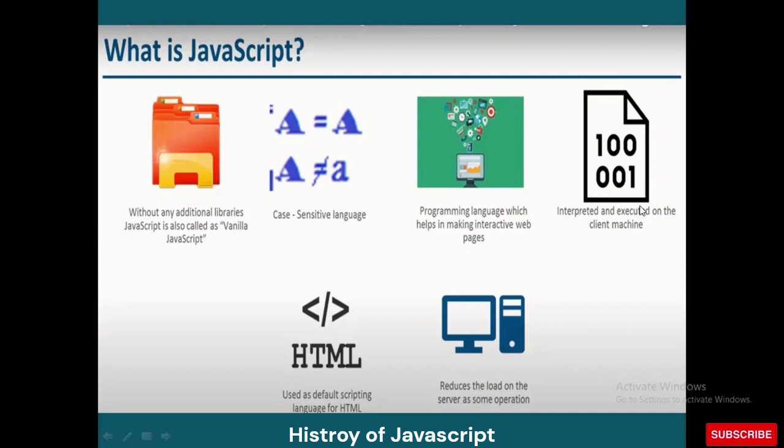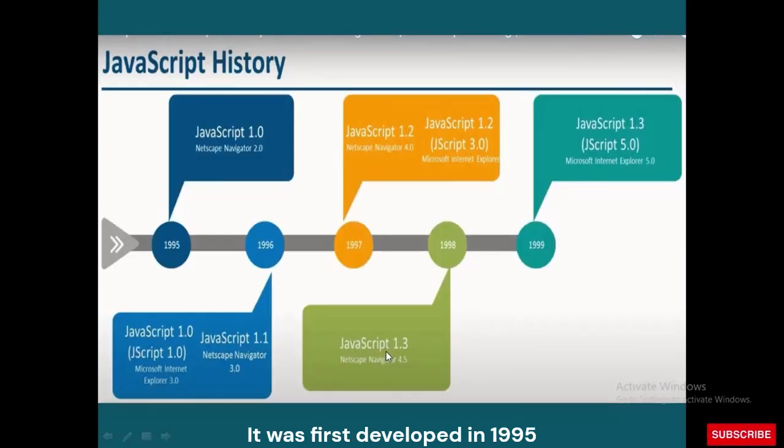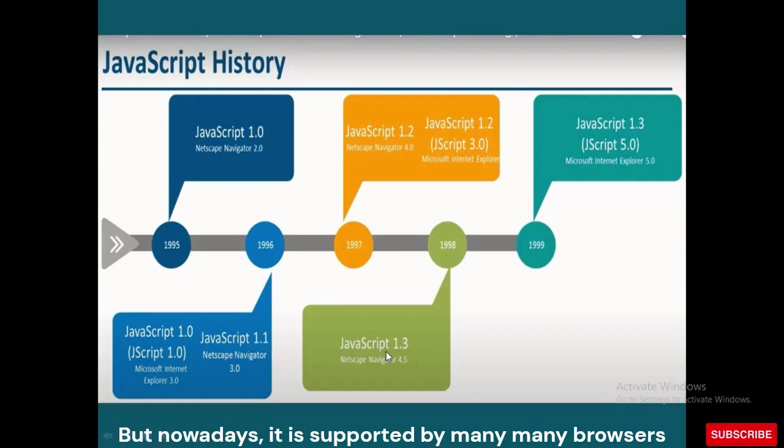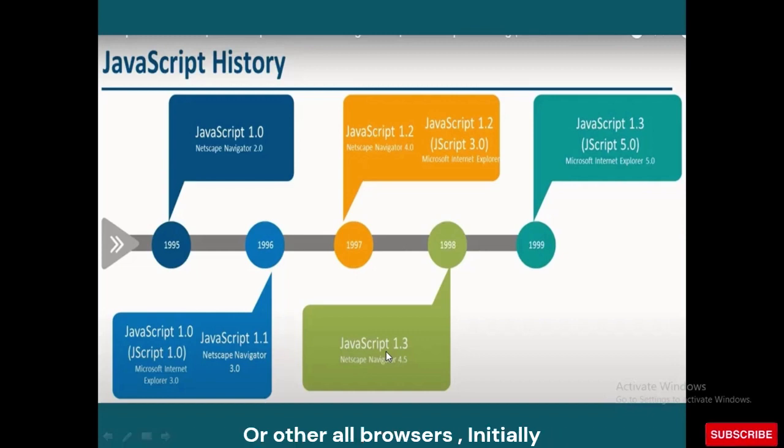History of JavaScript. It was first developed in 1995 and 1996, up to 1999. Previously, JavaScript was supported by only some specific browsers, but nowadays it is supported by all browsers.